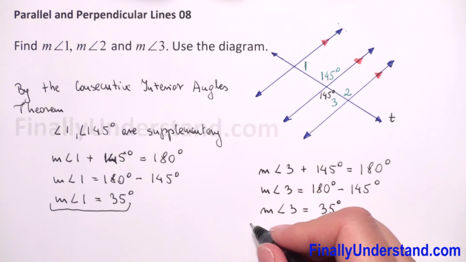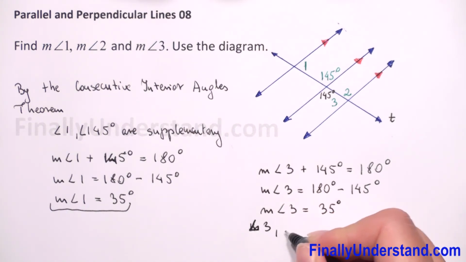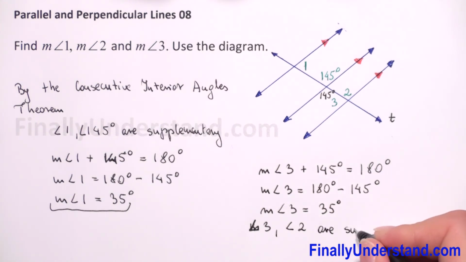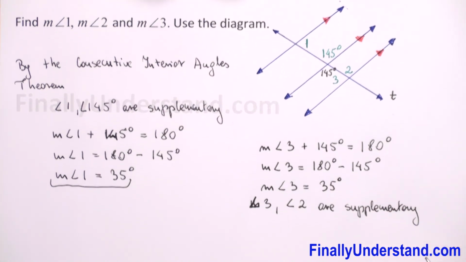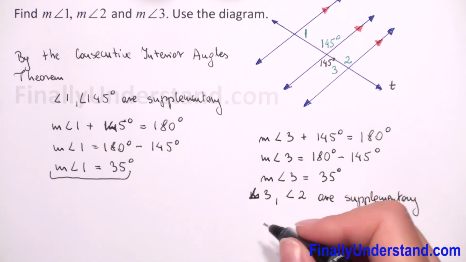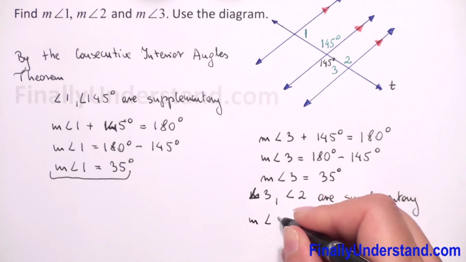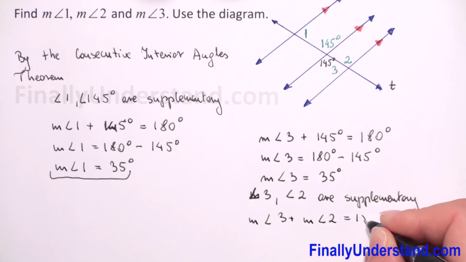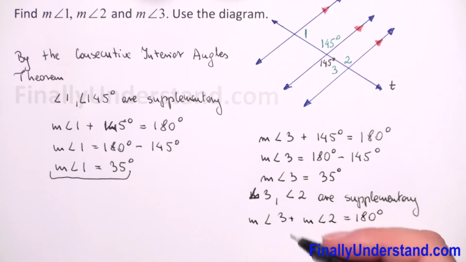We have to find the measure of angle 2, and we see that angle 3 and angle 2 are supplementary. So the measure of angle 3 plus the measure of angle 2 is 180 degrees again. We know the measure of angle 3.